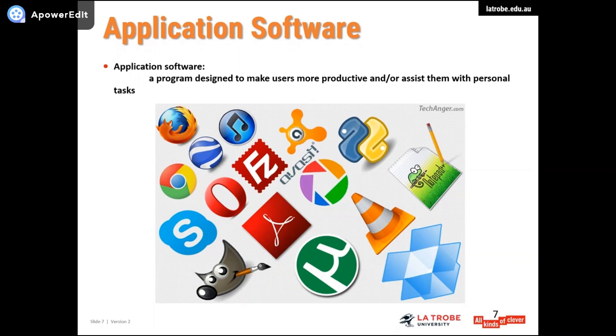That's one type of application software. It is like the multimedia player, or text editor, or Dropbox, the cloud software, or the image editor, or the antivirus software. Any kind of software you are using every day, 99% of it is application software.